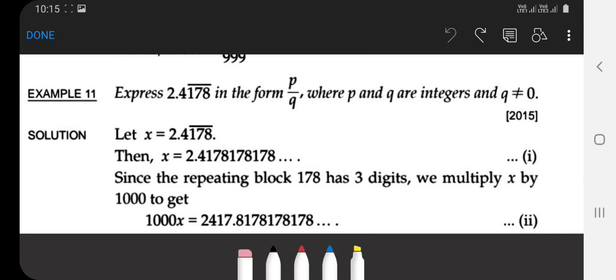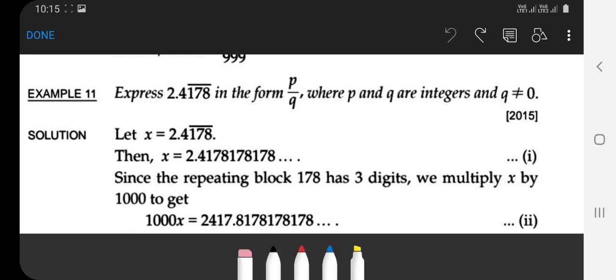In this question, express 2.4178 bar. In this question, a little bit of change.